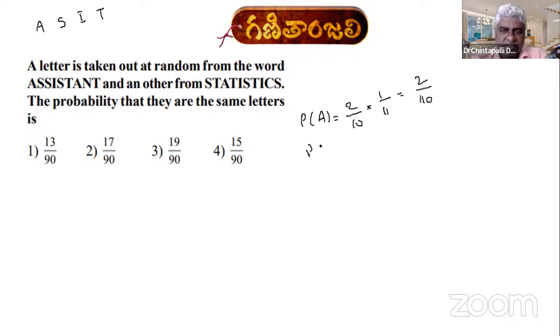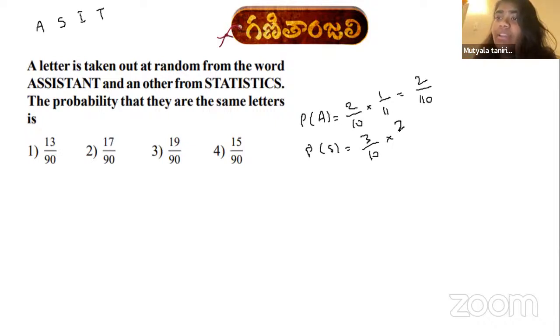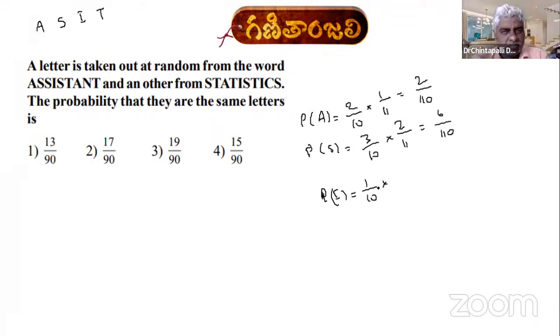The probability of A is 2 by 110. What is the probability of S? 3 over 10 times 3 over 11. That means 6 by 110. Yes, sir. And the probability of I? 1 over 10, sir, times 2 over 11. 2 by 110.